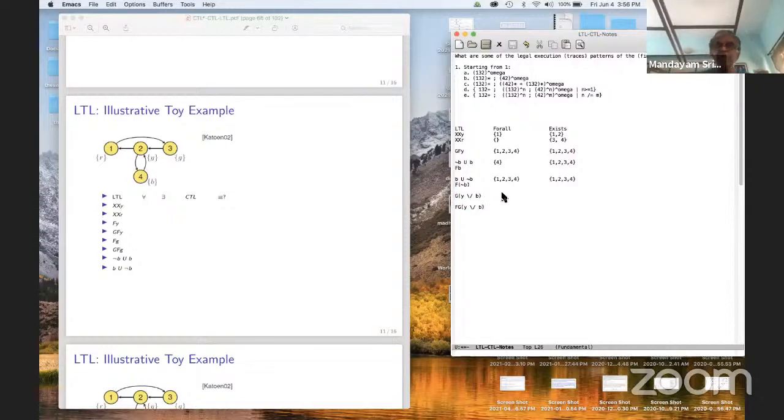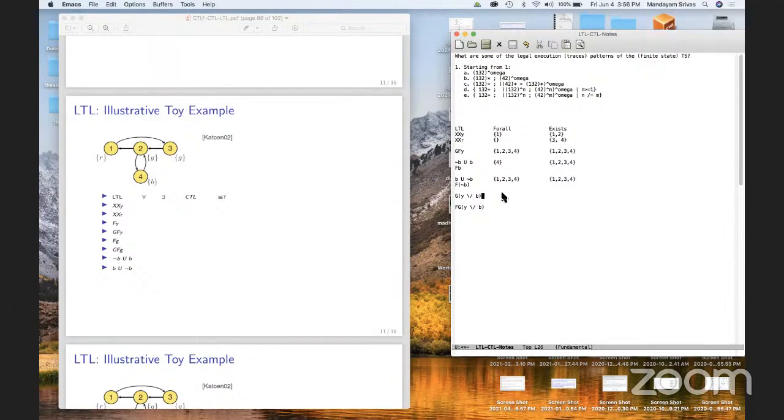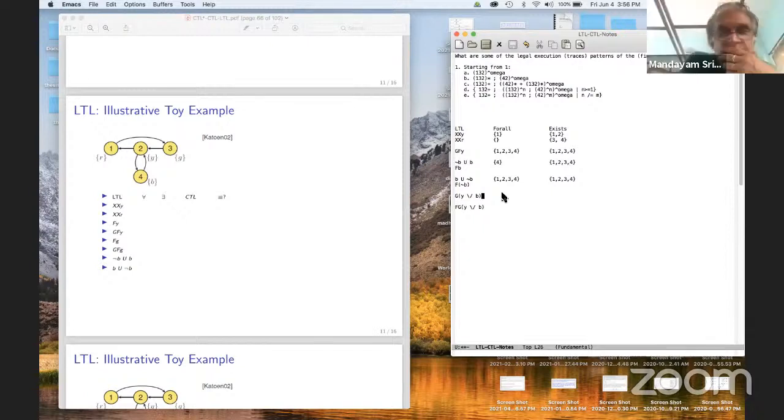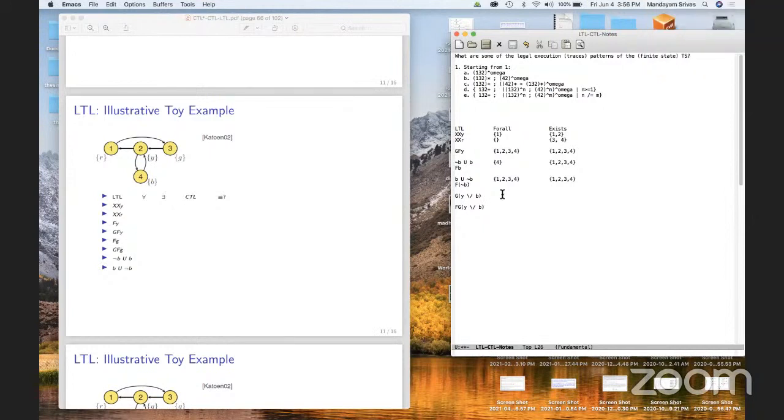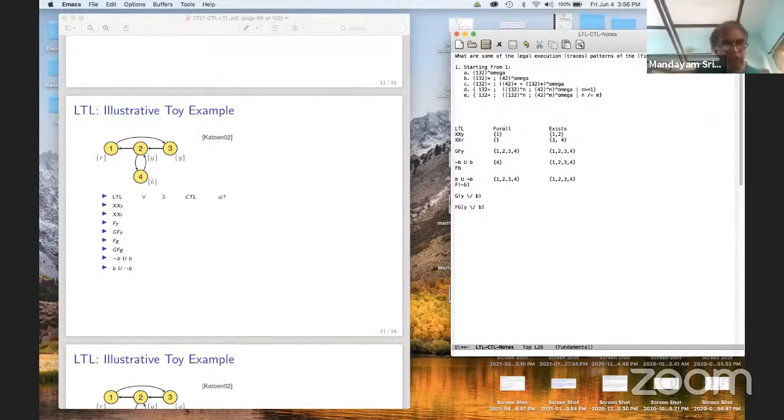First, let's do this. So, Amin. G of Y or B will mean something like every state in the path must be either Y or B. Correct. Then I think every path. I mean, first, it says some states from which there exists such a path. Give me some path.